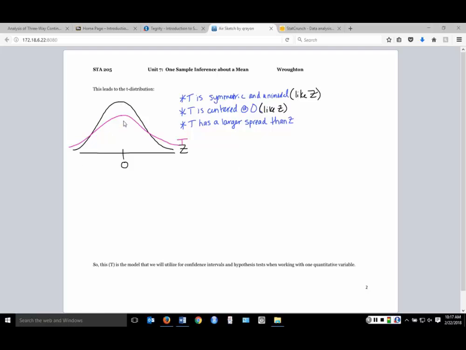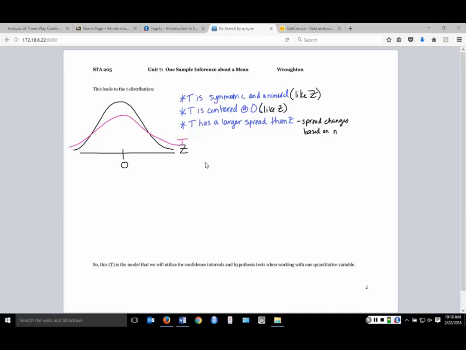So it's still centered, that peak is at the same place, it's just a little bit lower, and therefore it's kind of squished out the rest of the picture to have a larger spread than Z actually did. But more specifically about this spread, is that the spread is actually dependent upon something. And this spread changes based upon our sample size.